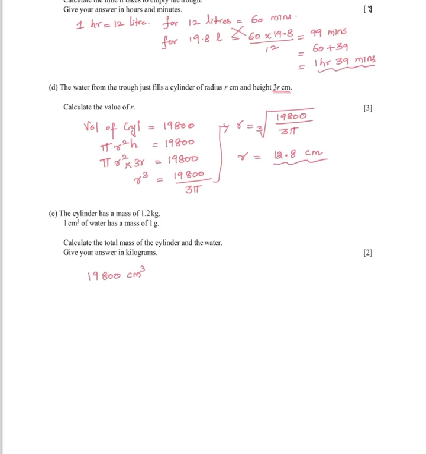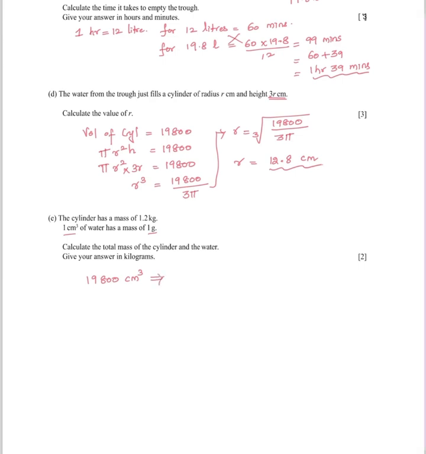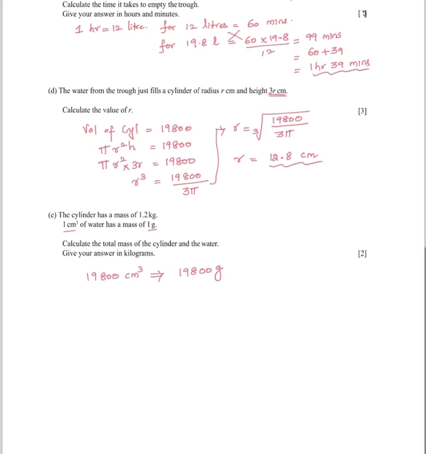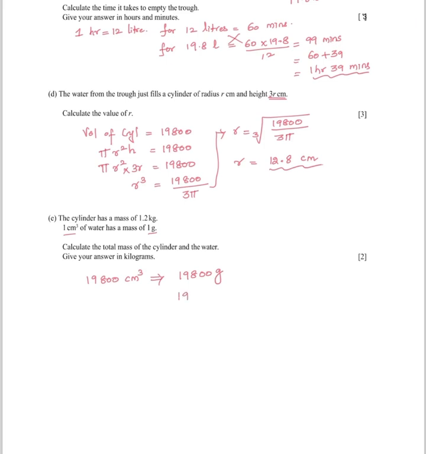If I convert this into grams, 1 centimeter cube is equal to 1 gram, so obviously this will become 19,800 grams. Converting this to kg, this becomes 19.8 kg.